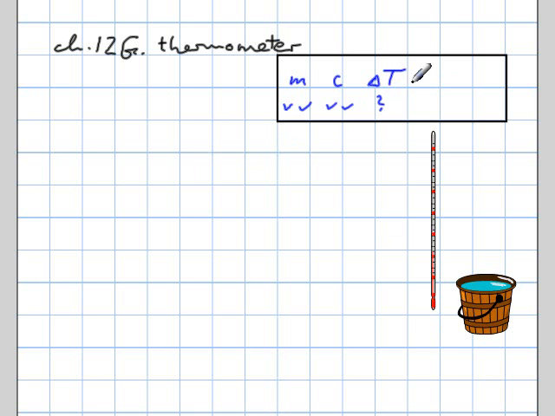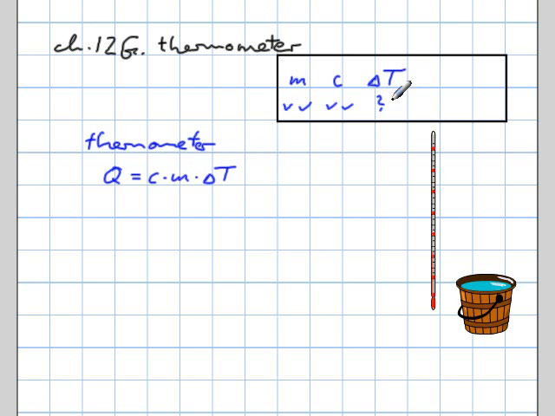So this one here we're trying to figure out. So let's see where we start. For the thermometer itself, we would have that Q equals the specific heat capacity times the mass times the delta T for the thermometer.